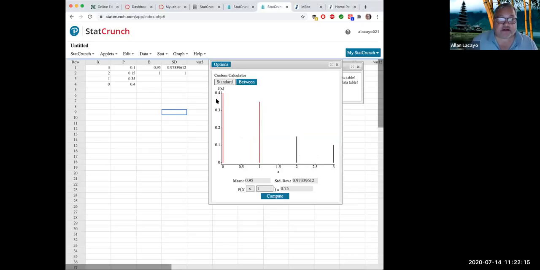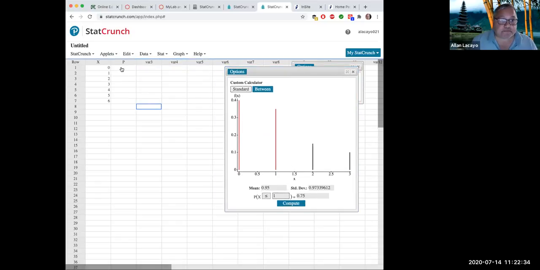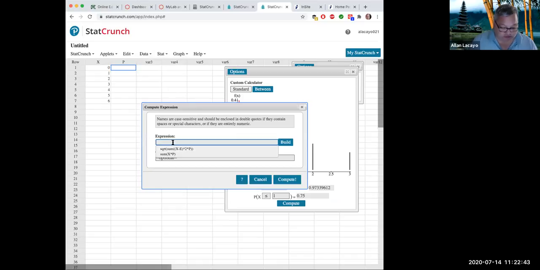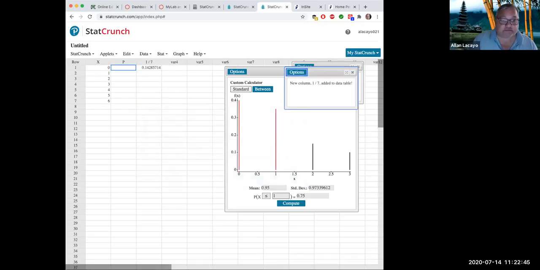Back here to StatCrunch. Instead of X being 0 to 3, I'm going to say this is 0, 1, 2, 3, 4, 5, 6. And then the probabilities, I have to figure out what 1 in 7 is. I'm going to go Data, Compute, Expression, and divide 1 by 7.